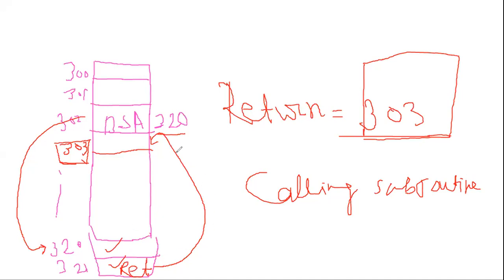For the sake of simplicity, I am taking a single example. BSA has 320, so you move to location 320, complete the work, then return to the 303 location. So this returning address you have to store somewhere. Okay, that you have to store.